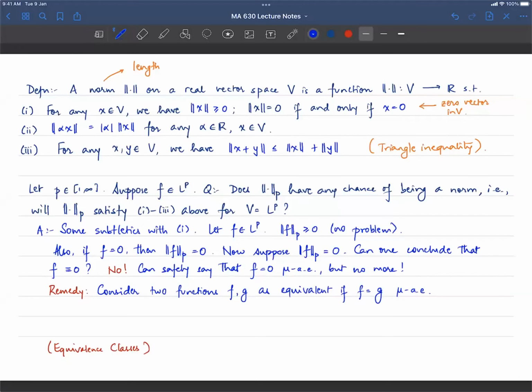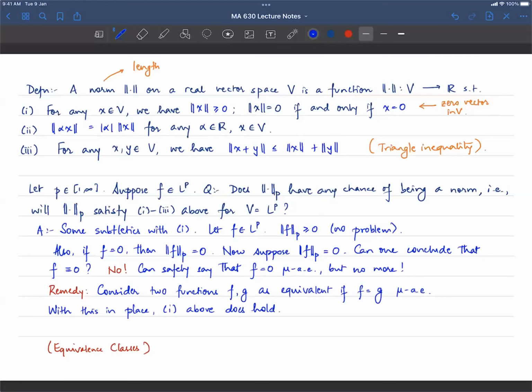If you do this, with this in place, property one above does hold. Okay, I don't want to write too much more.